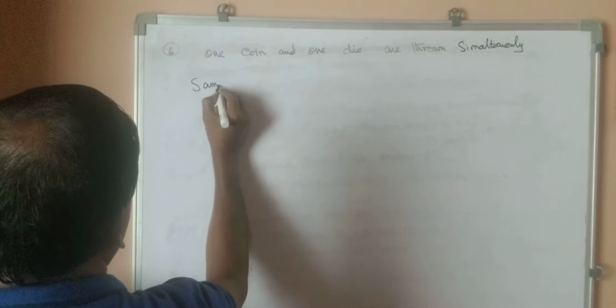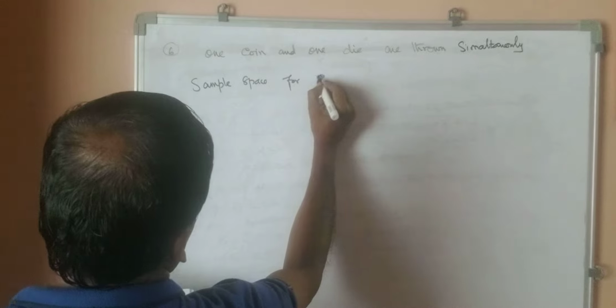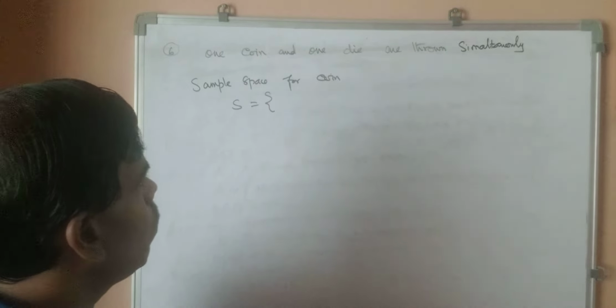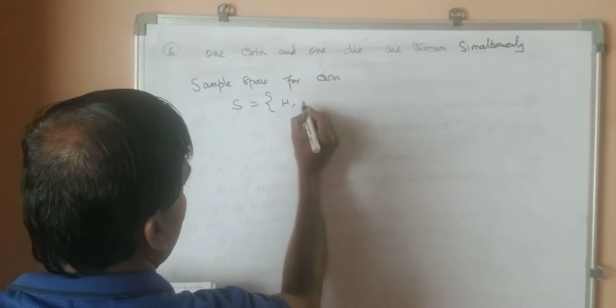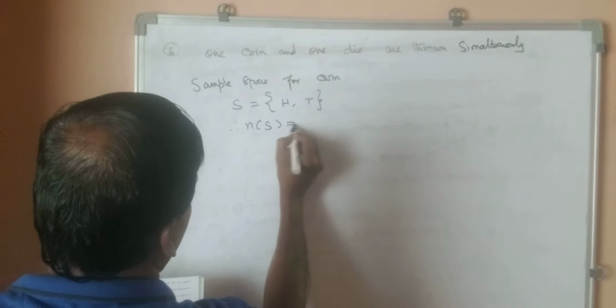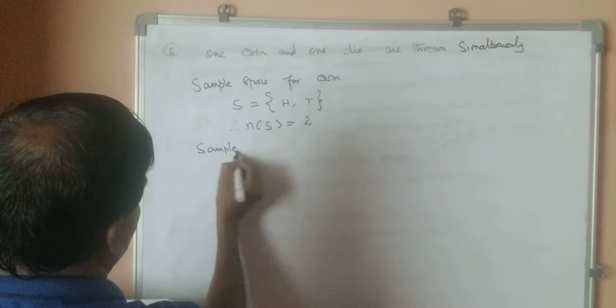sample space for coin. When you toss a coin, what you will get? Head or tail. Therefore, how many sample points are there? 2. Sample space for die.